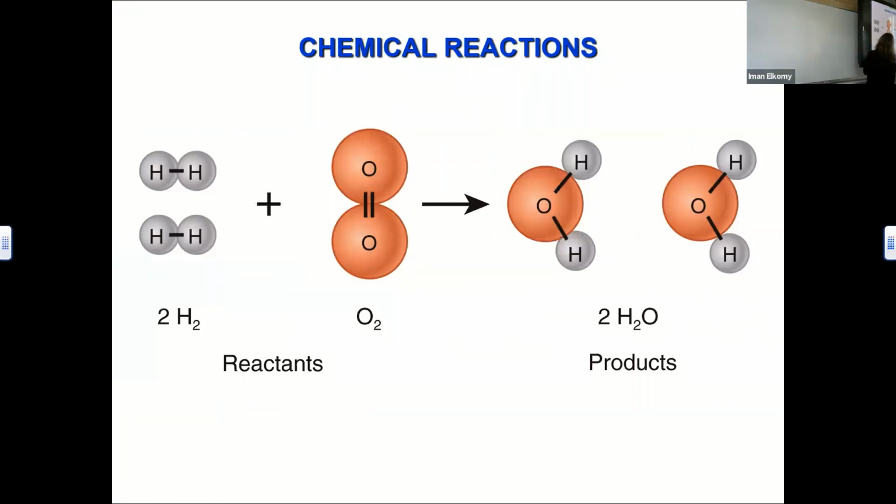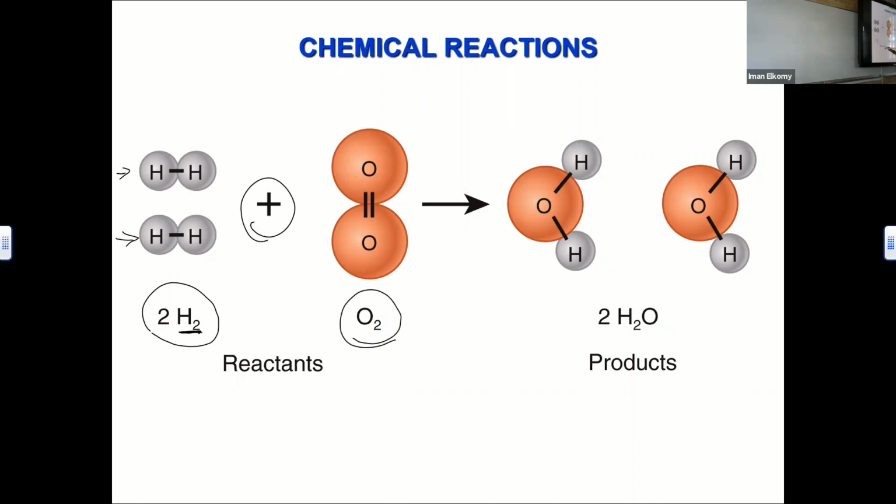Here's an example. My reactants: what am I starting with? I've got 2 H2s. This is a molecule of hydrogen made up of 2 hydrogen atoms. Here's another molecule of hydrogen made up of 2 hydrogen atoms. I take those 2 hydrogen molecules and add them to 2 oxygens.